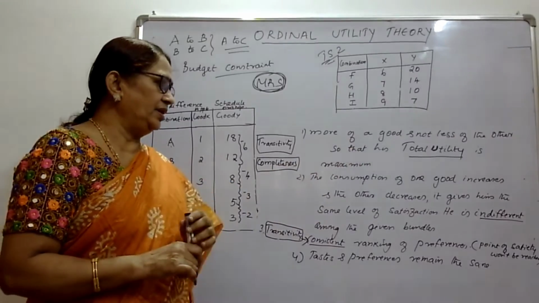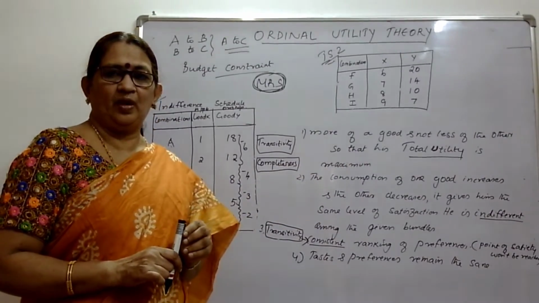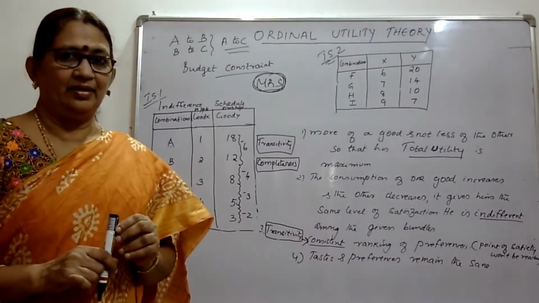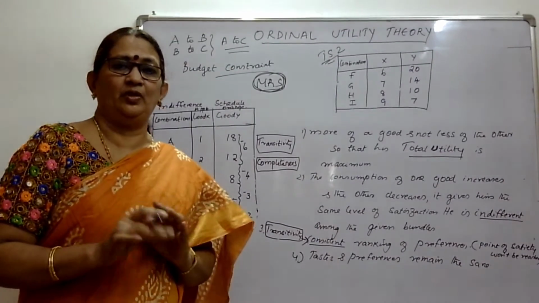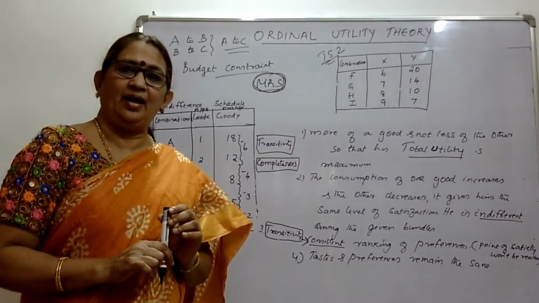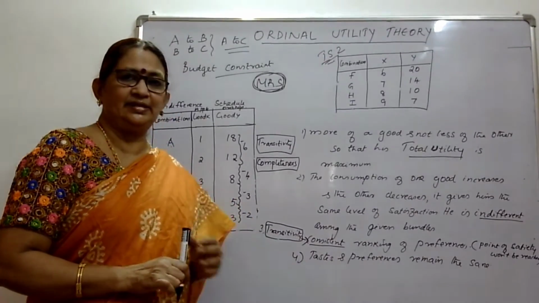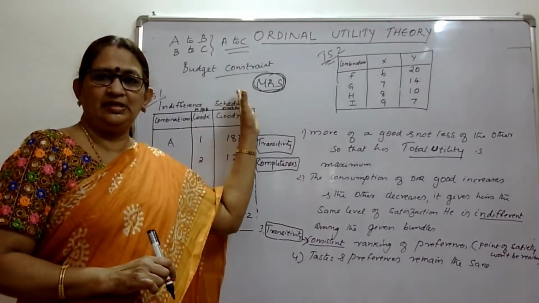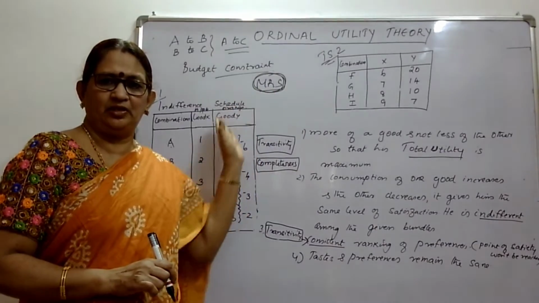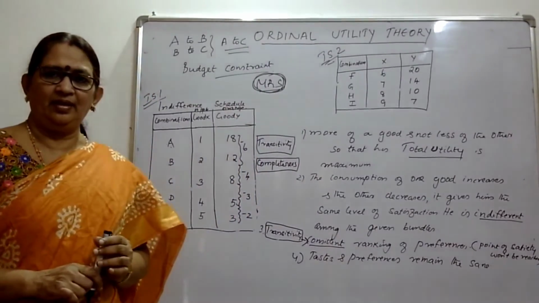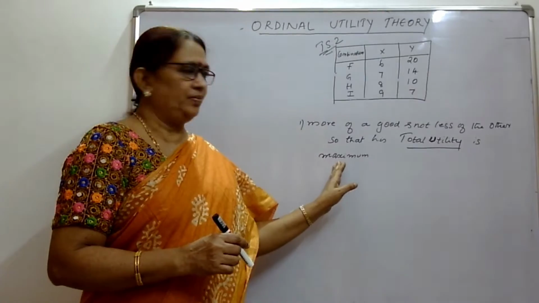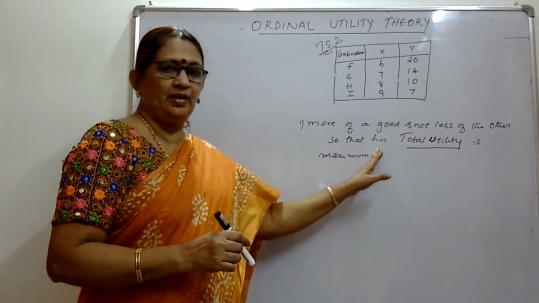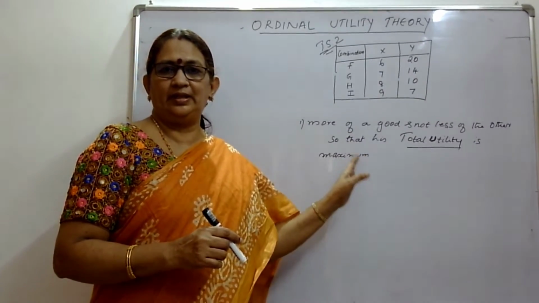Then more of a good is preferred, or more of one good and not less of the other, so that he will get maximum utility, total utility will be higher. Then his tastes and preferences remain the same. Another assumption is diminishing marginal rate of substitution that we have seen. Regarding the point, more of a good and not less of the other is preferred by the consumer, so that his total utility is maximum.